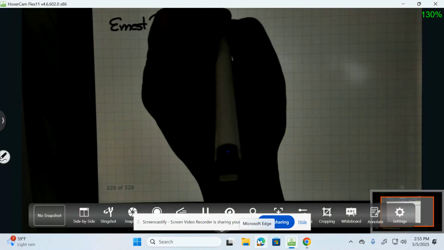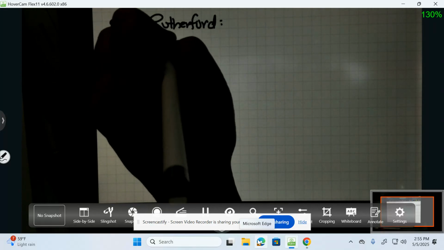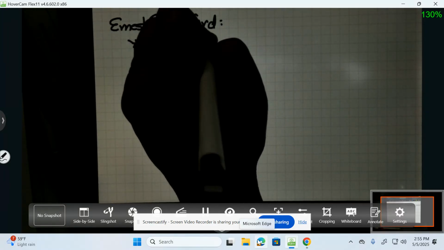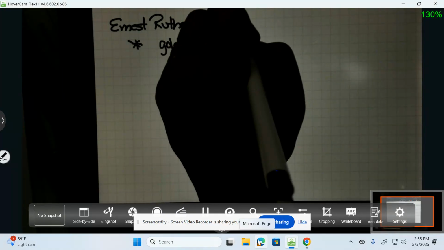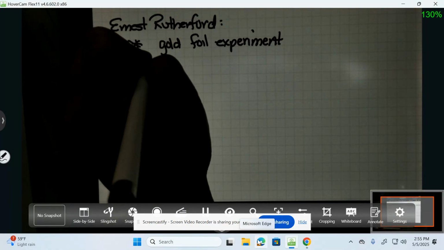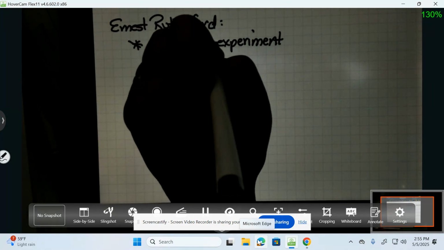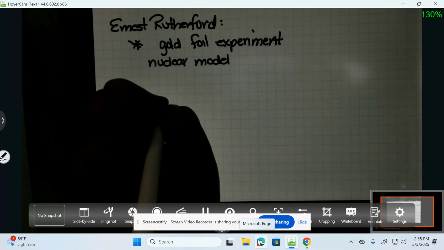And Ernest Rutherford, this one's the one you're going to put a star next to, did the gold foil experiment. And he had the nuclear model. So this is what he did.